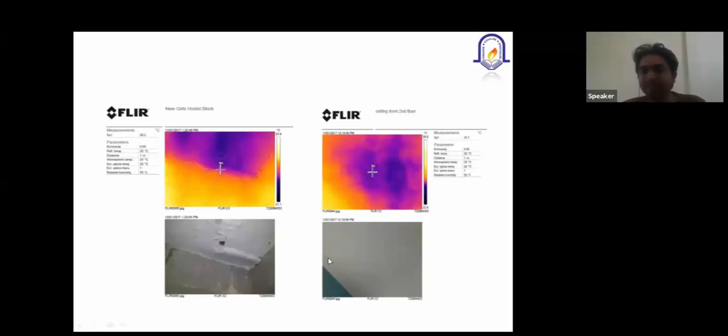We can't see any defect, but when we see through the thermal camera, we can see there is so much non-homogeneity present in this particular area. So as a civil engineer, we have to remove the whole plaster of the surface and replaster it properly. Then after doing so, we can see that there are no leakages or any moisture present on it.